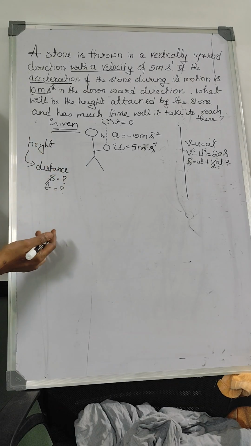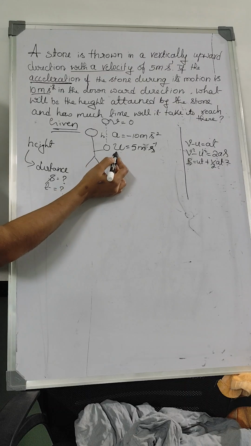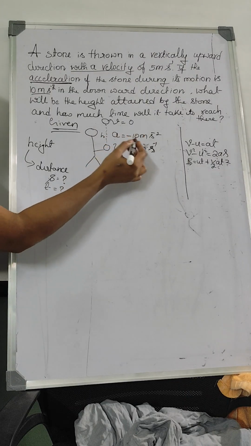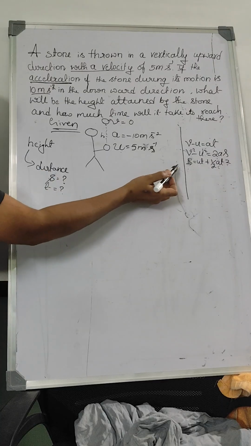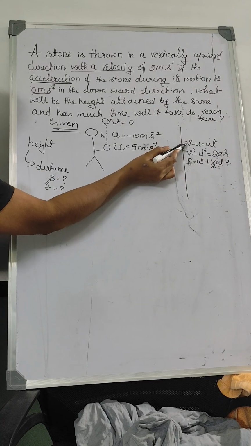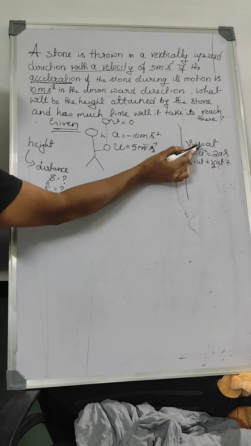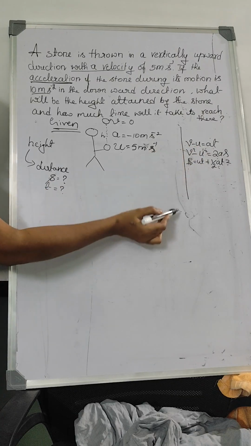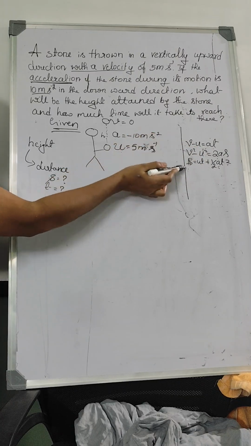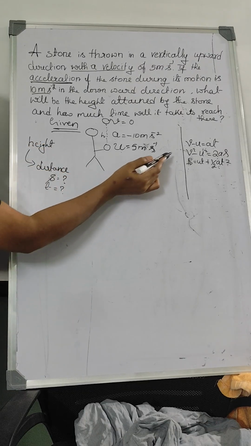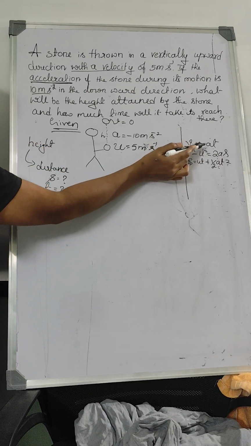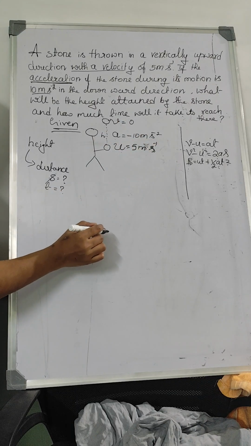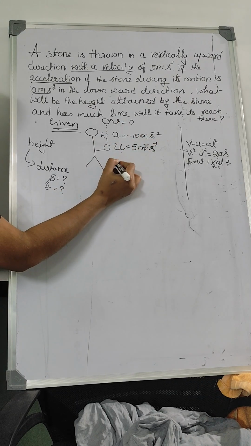Here, we know u, we know a, we don't know v, and we also don't know t. Whenever you are using these formulas, you should know all the variables except one. Then we can solve the equation easily. So let us take the first equation.